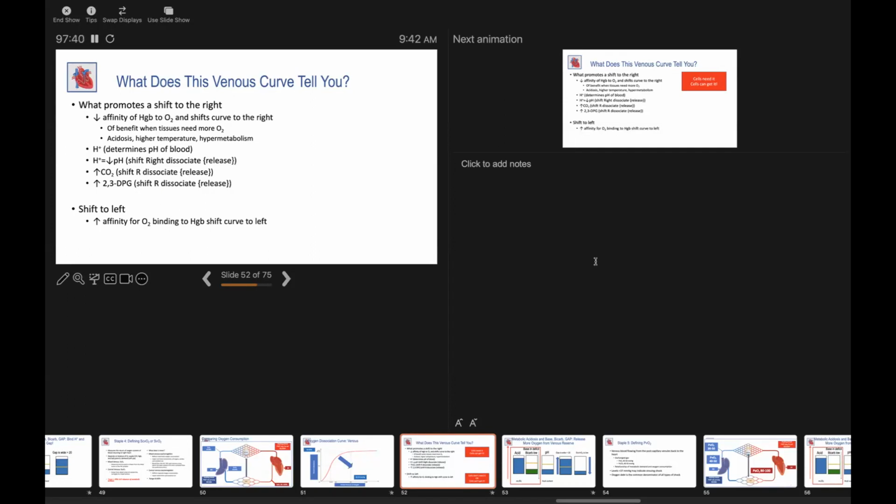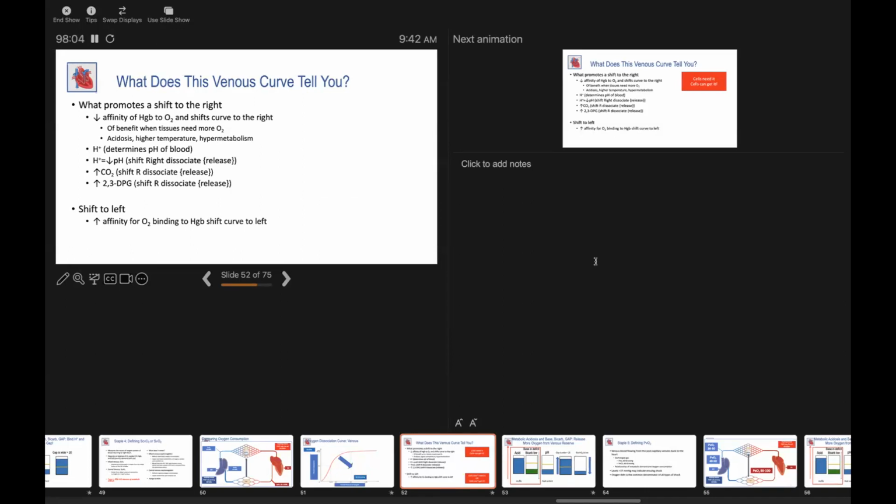With metabolic acidosis, your first expectation is shift to the right. In the absence of metabolic acidosis, you expect to shift to the left. But if you have a shift to the left with metabolic acidosis, you're really in trouble because you are not releasing oxygen at the cellular level.